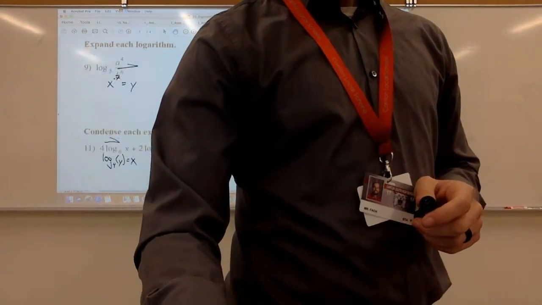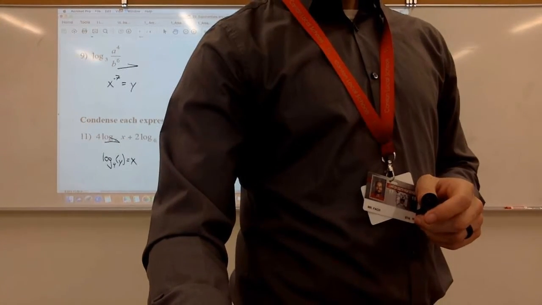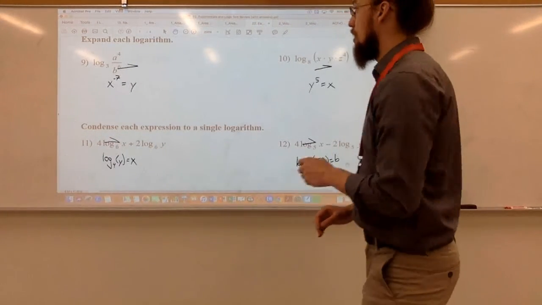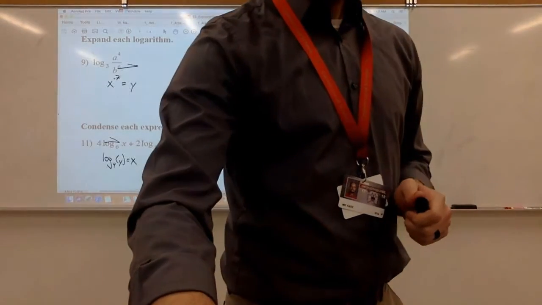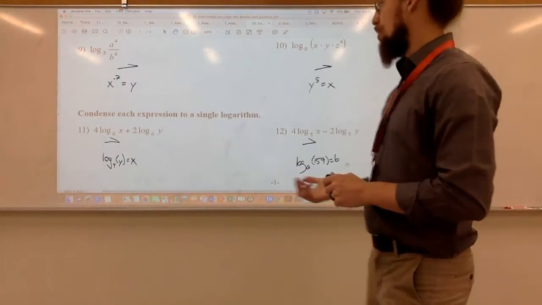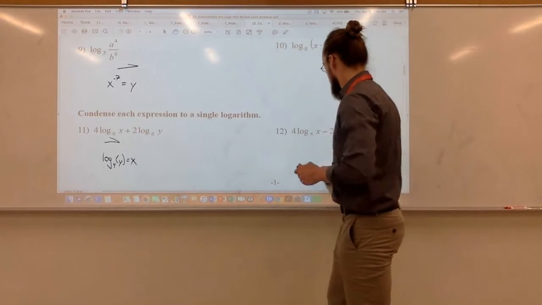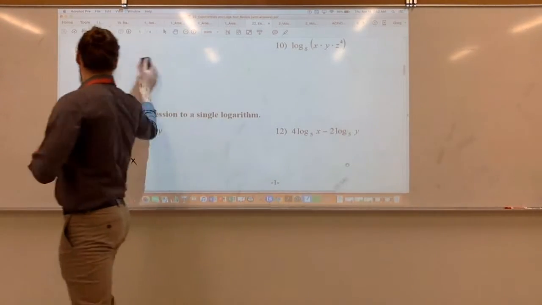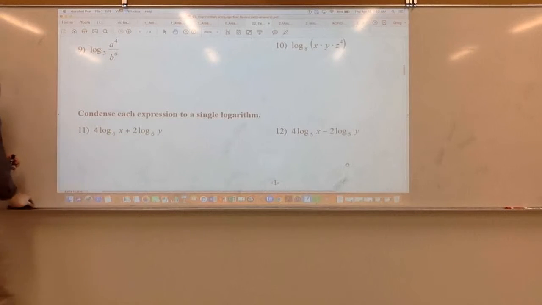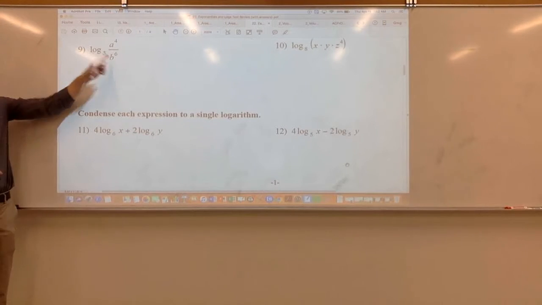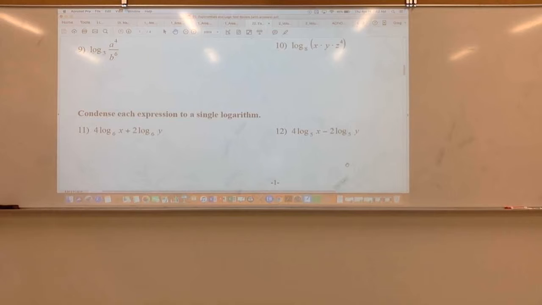All right, so the next part on the front here was expanding and condensing logs. First, we're given a condensed log and we want to expand it as far as possible. If I'm dividing two logs, I can split that up into two separate logs by subtracting them.